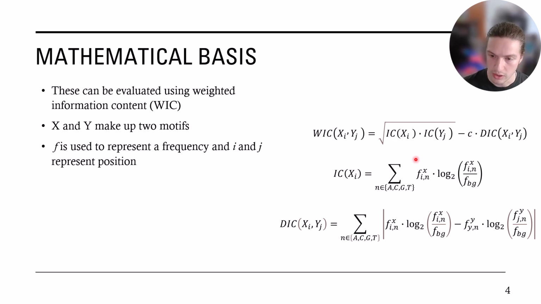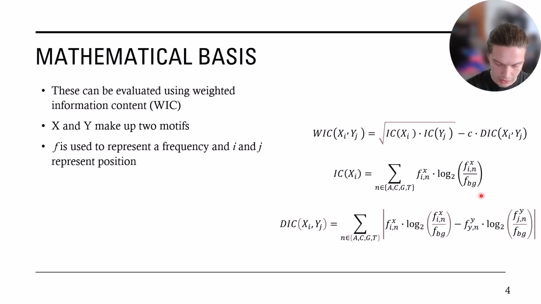We'll go over an example where we talk about that in more detail. And then we have the frequency of background, which is essentially just 0.25, assuming that there is an equal probability of any of the nucleotides appearing in a position.